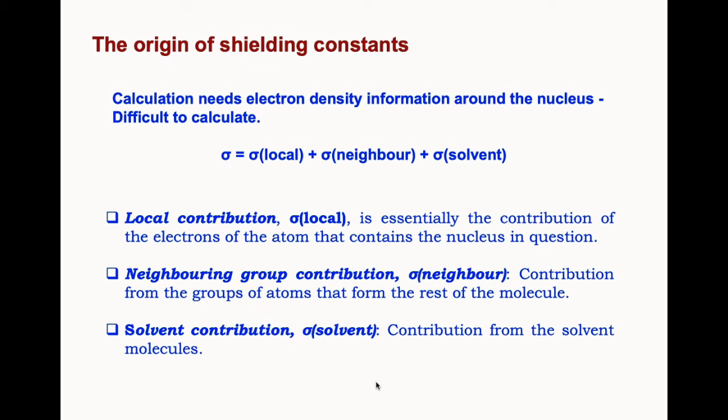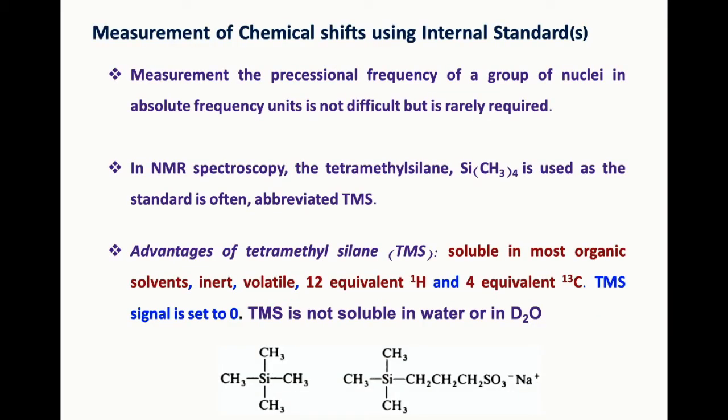Instead, if you can understand the electron density from the electronegativities and so on, then it is fairly easy to understand the chemical shift values. Well, having understood the reason for observing the chemical shift in NMR, let us try to understand what are the internal standards used in NMR spectroscopy.